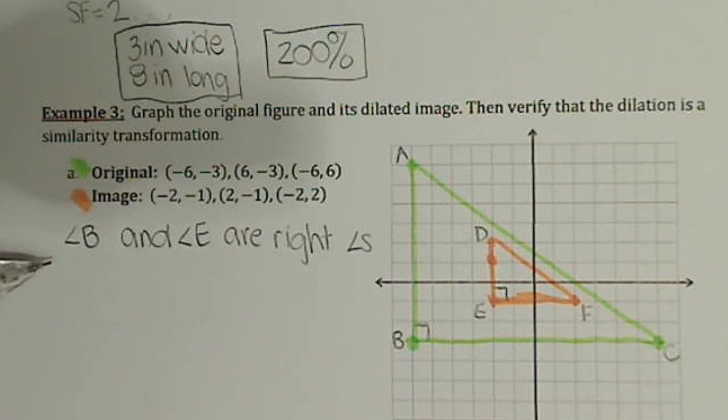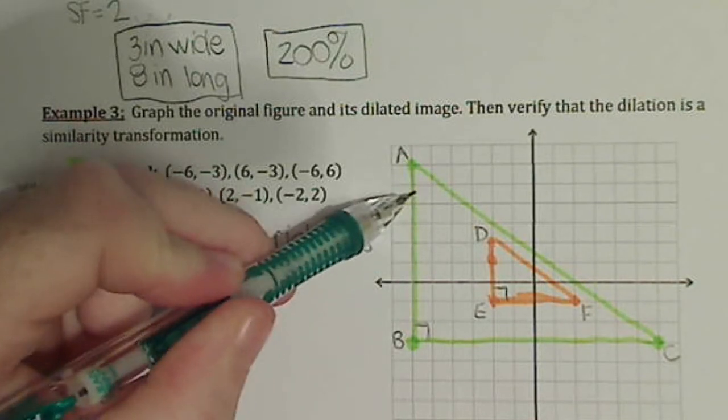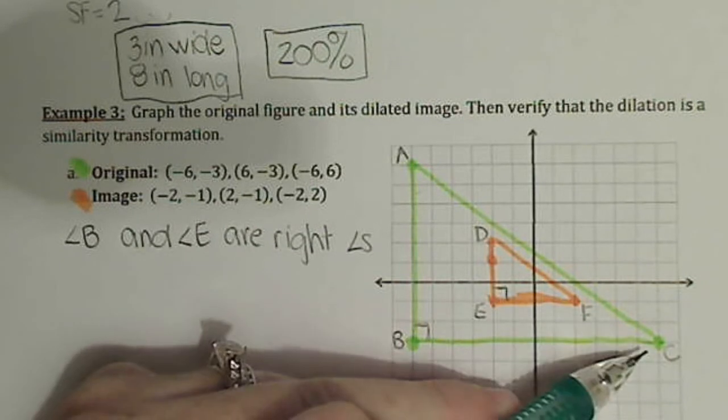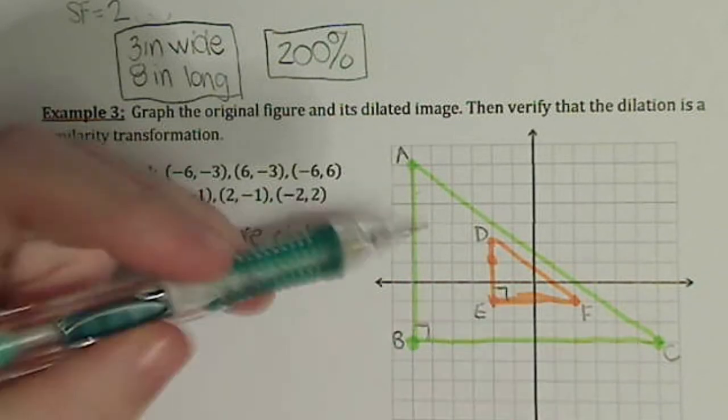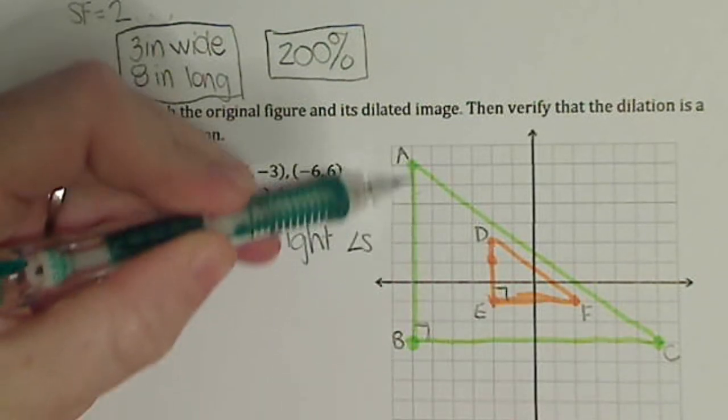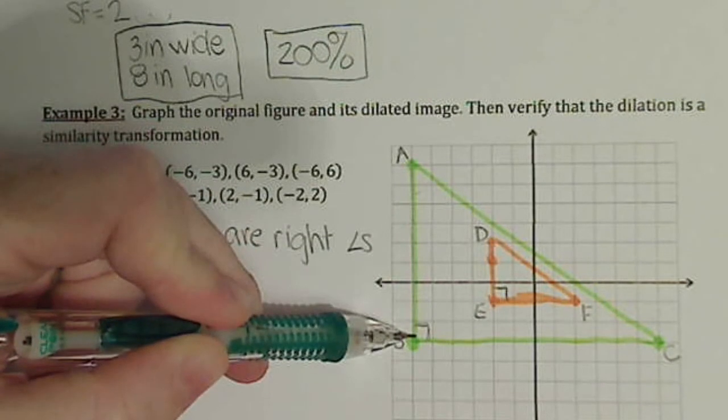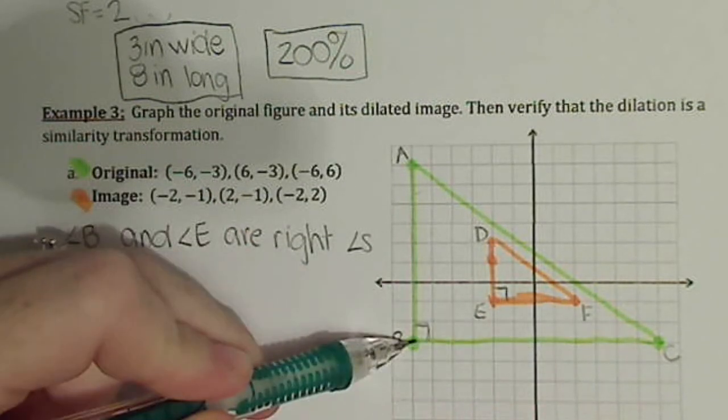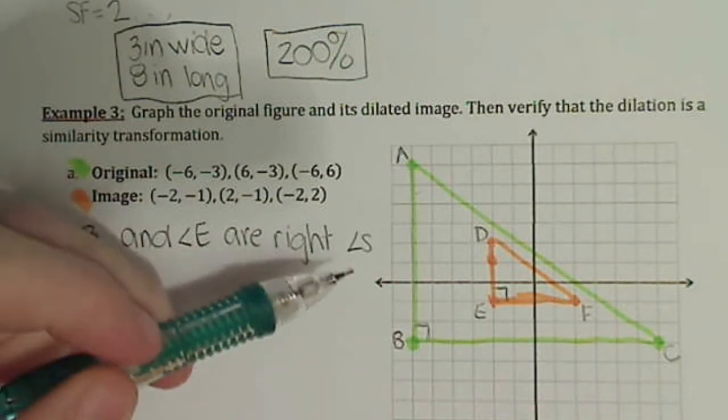The easiest way to prove these are similar is actually going to be side angle side. We have not learned yet how to find the degrees of angle A or C, so we're going to do it by finding the lengths of these two legs here and proving that they are proportional.